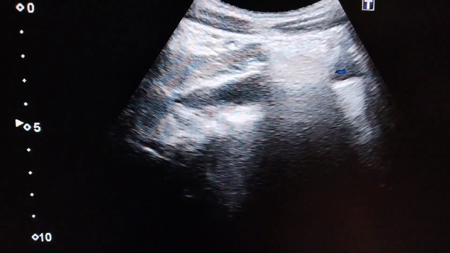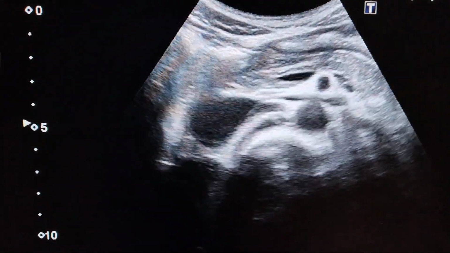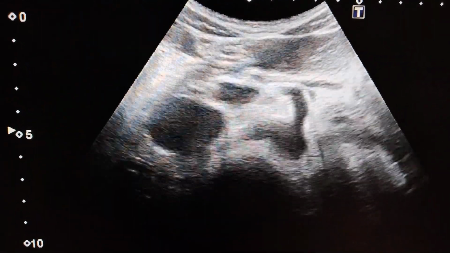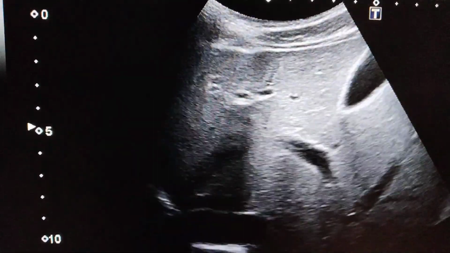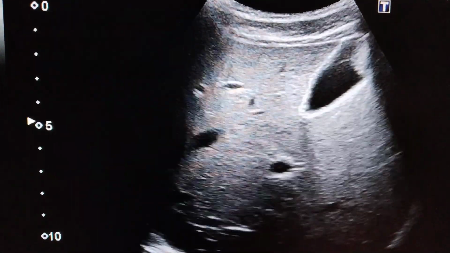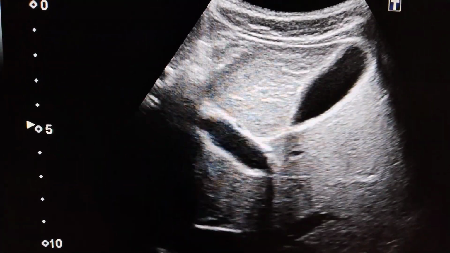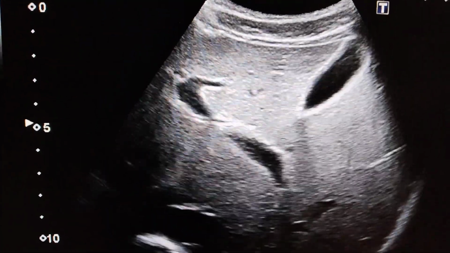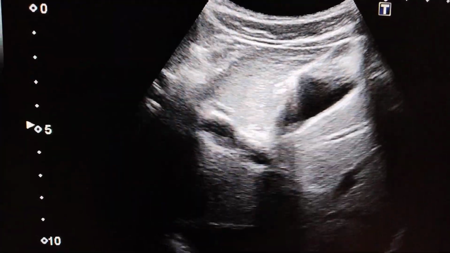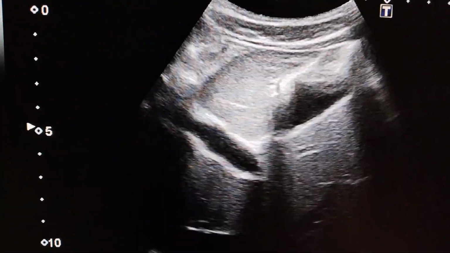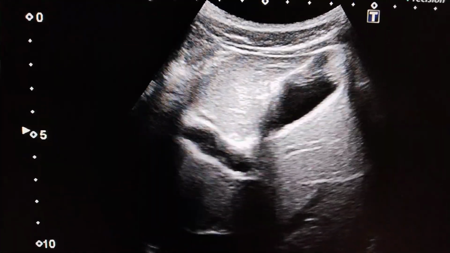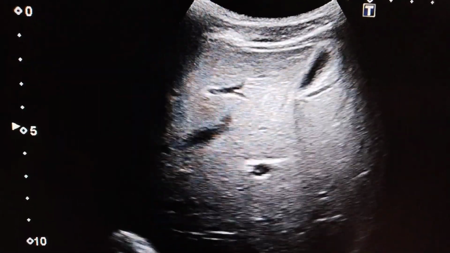So whenever there would be the pathology, we should remember the shape of the gallbladder. What is the shape of the gallbladder now, which we have seen? It is a normal gallbladder. So then in pathology we have thick walled gallbladder, internal echoes, which is called sludge.